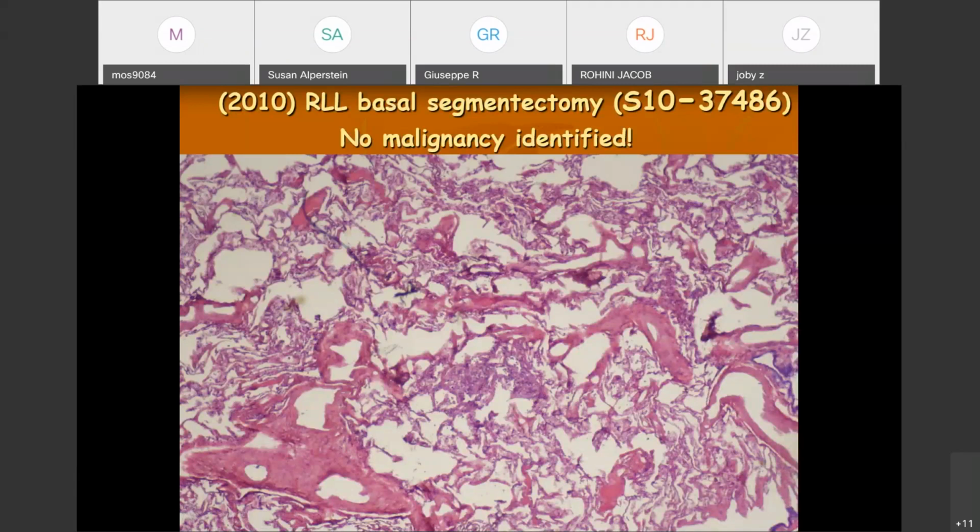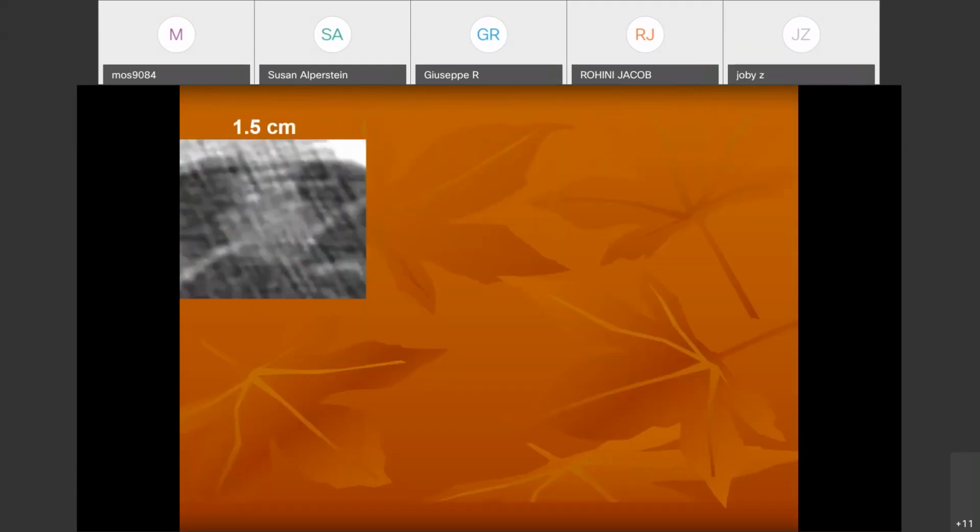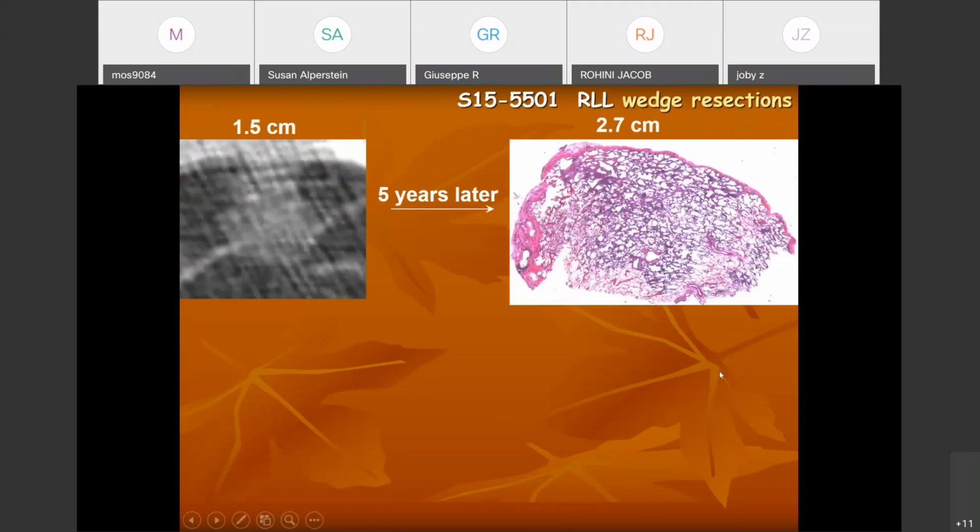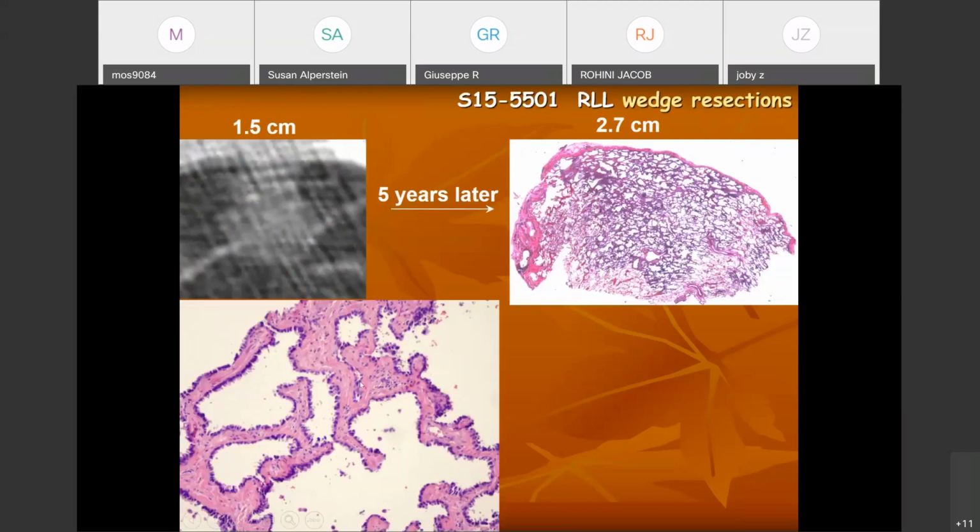So I keep following this because I truly believe cells don't lie. So I waited 5 years later. Finally, they did the wedge resection. You see, my point, cells don't lie.